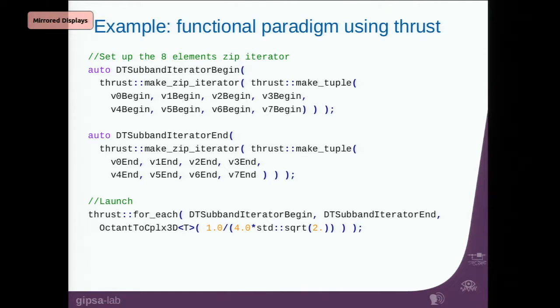In this case, I use the thrust zip iterator with all the beginning iterators of my 8 vectors, and the same for the end iterator. And I was able to launch a kind of for loop, which is expressed here in a functional way, with a transparent begin iterator and end iterator that was featuring all those individual iterators. And I had to apply this operator, which I'll describe just later.